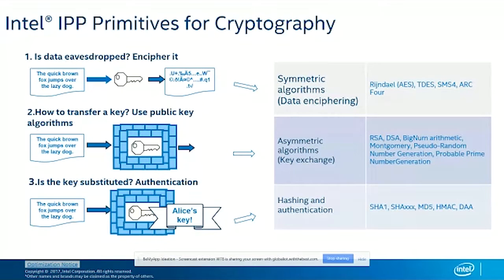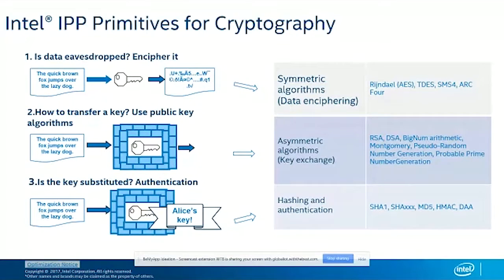All of these are symmetric algorithms, and you can use one key for data encryption and for data decryption. Implementations of such encryption and decryption are very fast, and security is also very good. So this is a common algorithm used for data encryption and decryption.